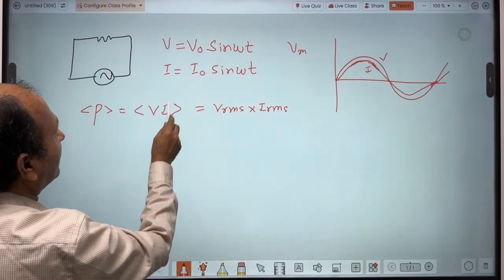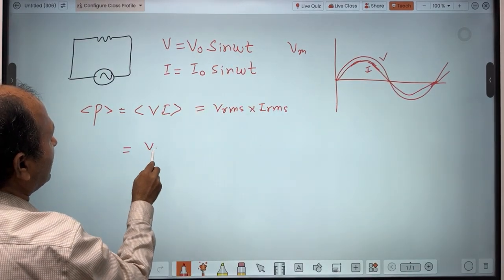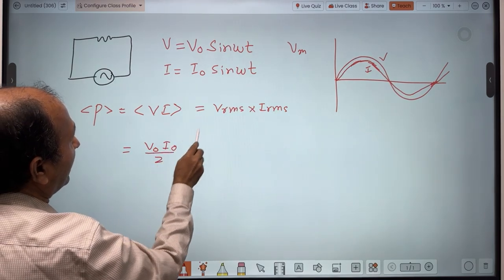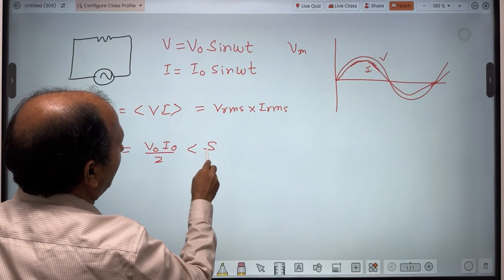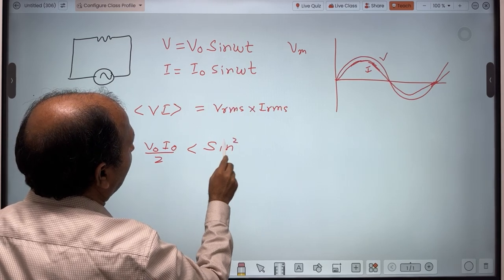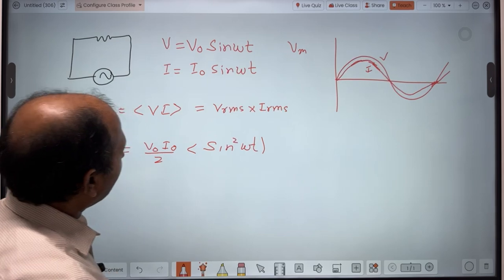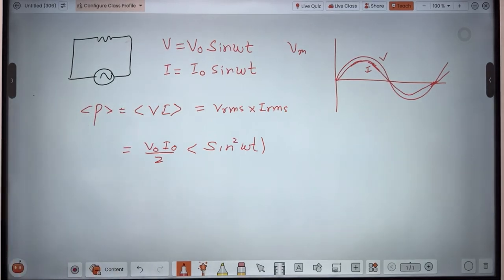We put these values and then this becomes V0 I0 divided by 2 times average value of sine square omega t. Is it correct?